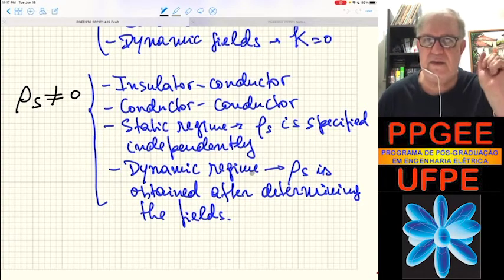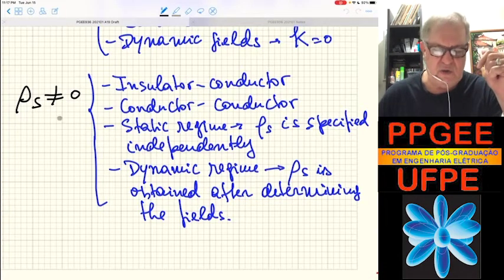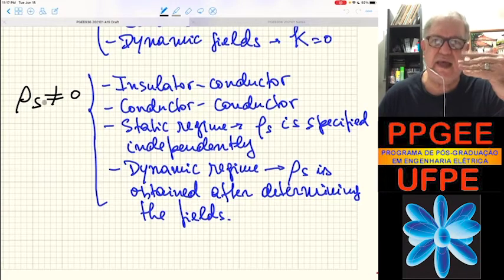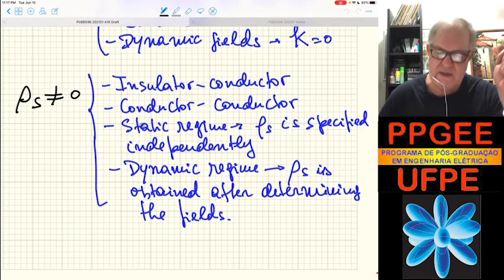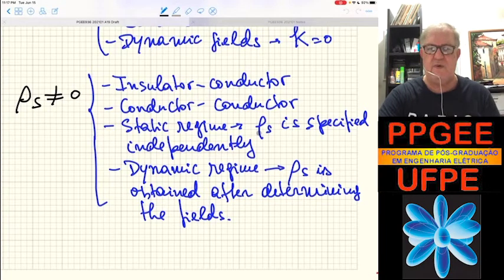It's not an independent quantity. It depends on the fields on each side of the interface. So rho s is determined after you solve the problem. It's not something that you specify independently. But that is the case when you have a static regime.